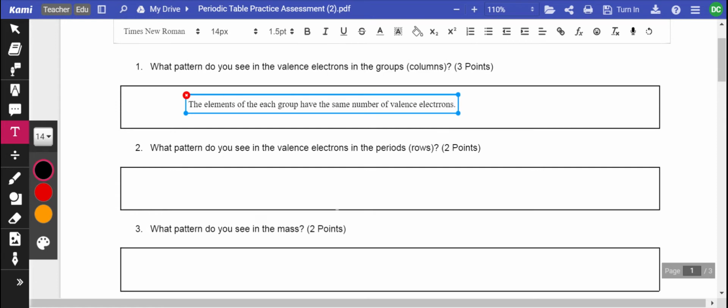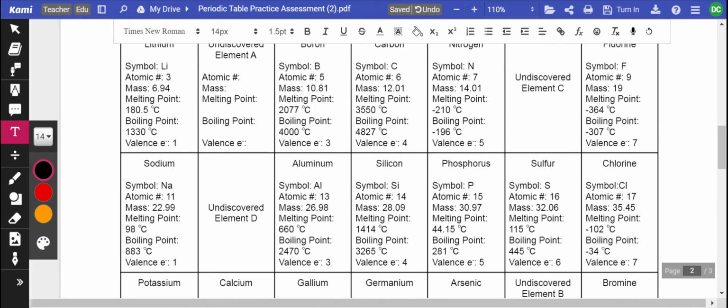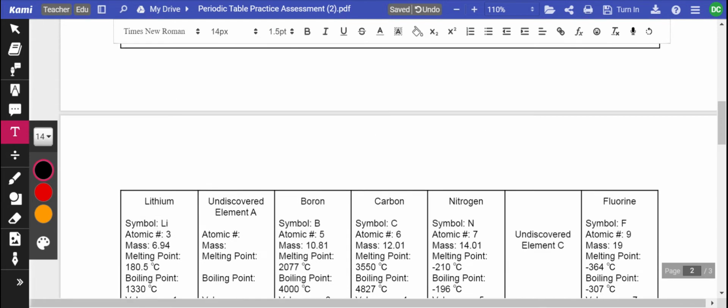Number 2, what pattern do you see in the valence electrons in the periods or rows? So we'll scroll down and take another look. We start on the left side. The first column has 1. Third column has 3. Fourth column has 4. Fifth column has 5.